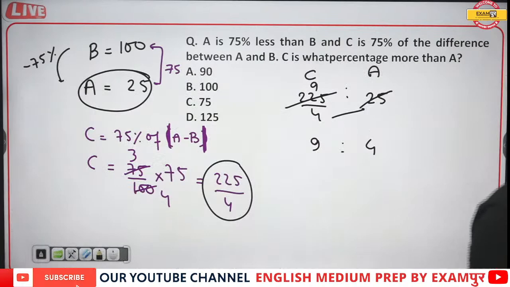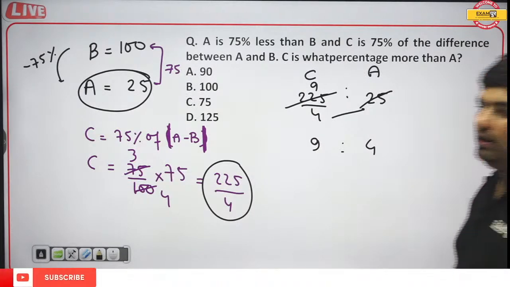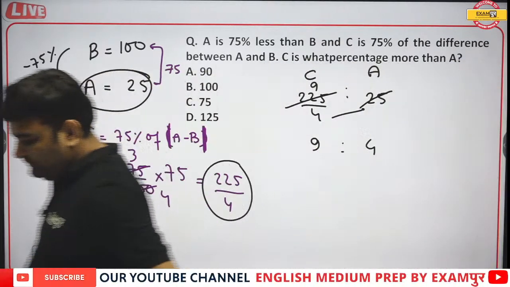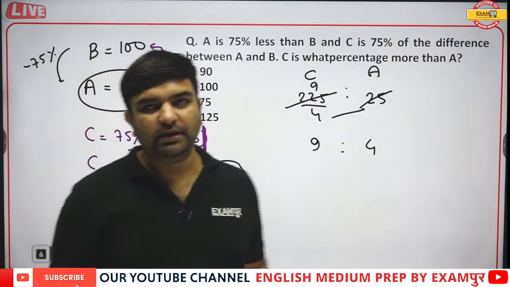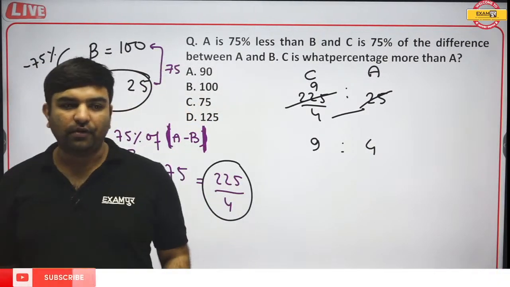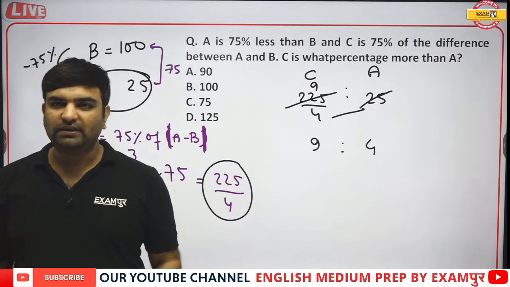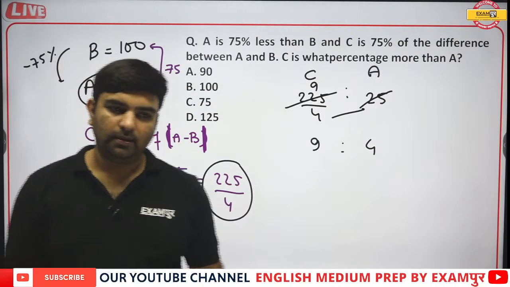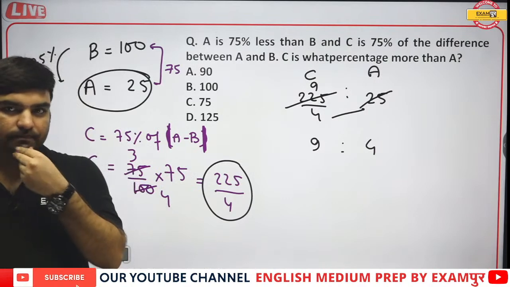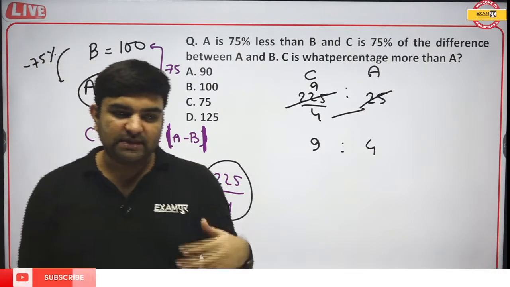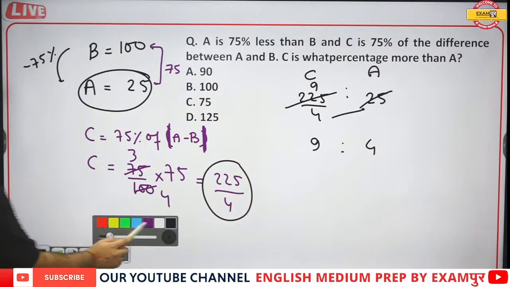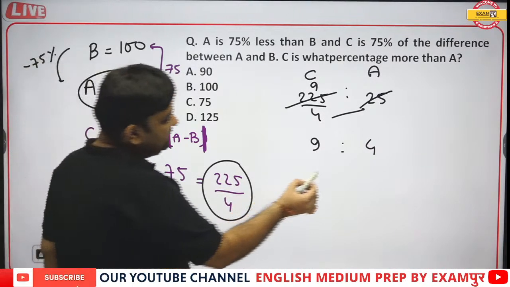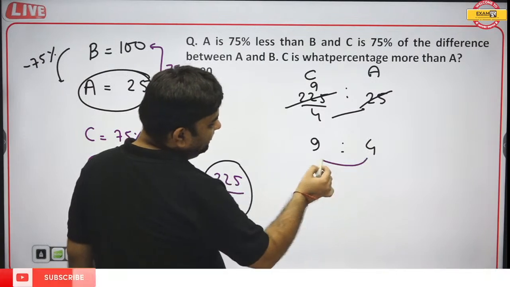We should simplify, guys, to make our calculation look easier. Because in percentage more and percentage less, only their ratio is important, not their actual values. So C is how much more than A?